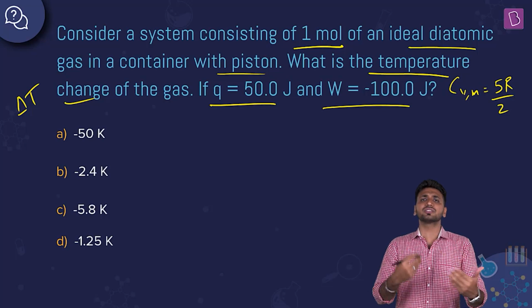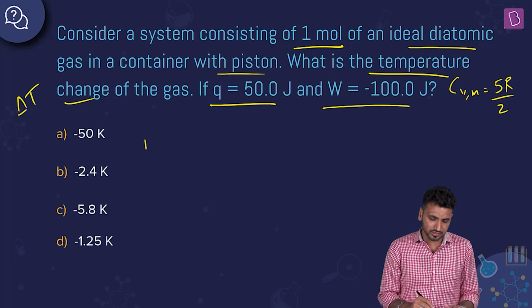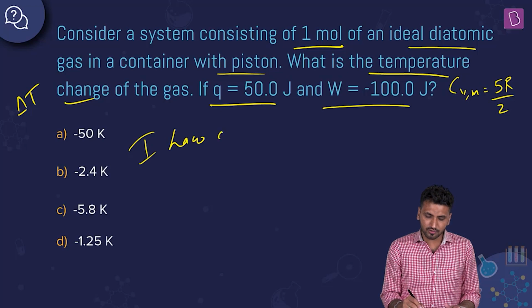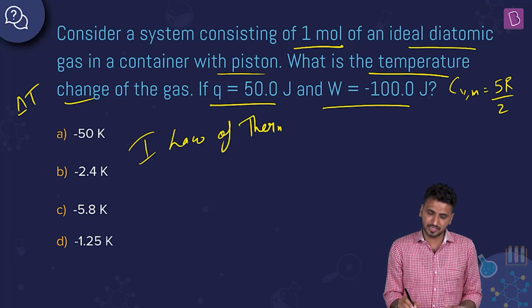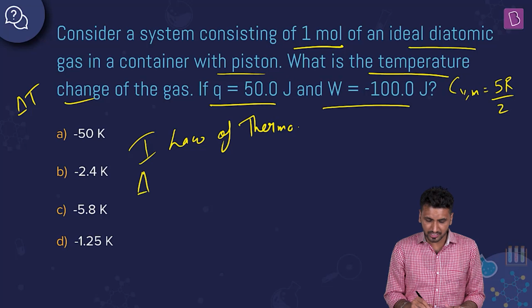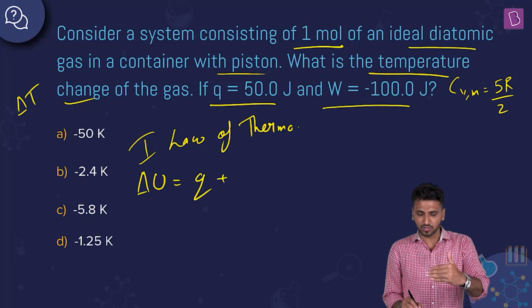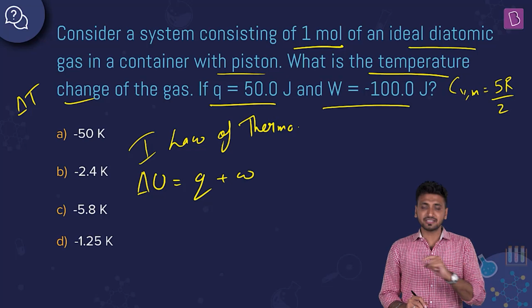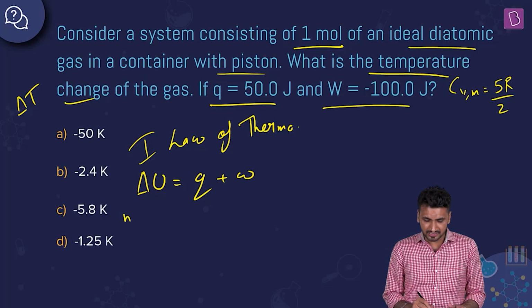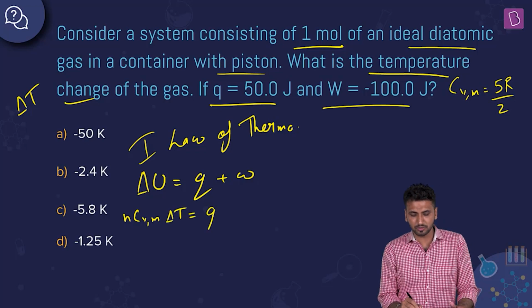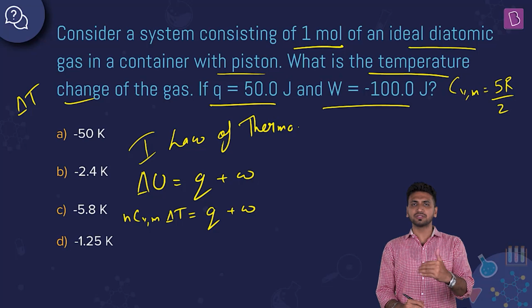So can I just use the first law of thermodynamics? It says that the change in internal energy is the sum of heat and the work done. Can I replace the change in internal energy with n CVM delta T? That will be equal to Q plus W. Let's put the values now.